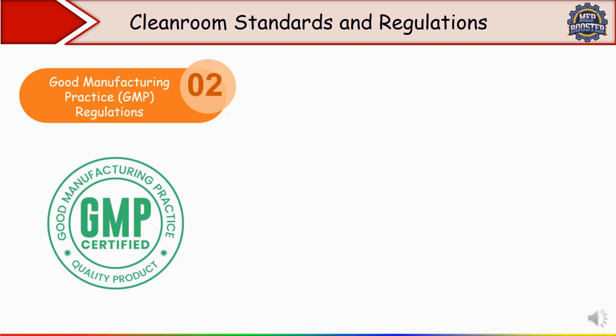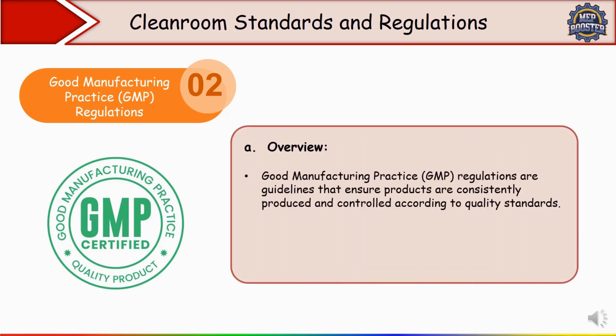Now we'll show you the second regulation, GMP regulation, meaning good manufacturing practice. First we'll see the overview. Good manufacturing practice, or in short GMP regulations, are guidelines that ensure products are consistently produced and controlled according to quality standards.